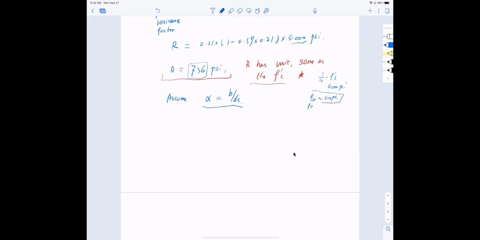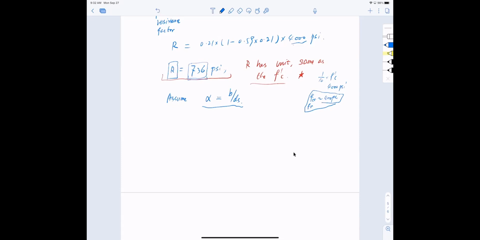So I always want to see my R, because R is kind of the effective tensile strength of the RC section. Usually R is in a range of a few hundred PSI to 1 or 2 KSI, 1,000, 2,000 PSI. So if my number comes out a little bit different, I will know I made a mistake there.